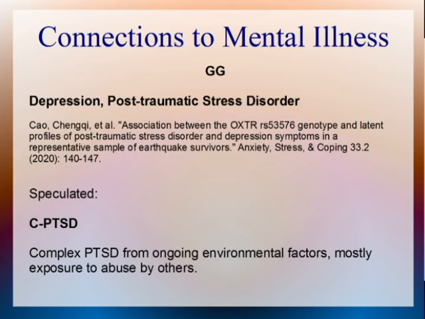I only found one article incorporating trauma, but it did show that in their testing, the people with the GG genotype had higher levels of depression and PTSD, in this case after experiencing the aftermath of a devastating earthquake. In the West, the same counselors who teach about narcissistic abuse often talk about the effect of this abuse on the empathetic partners, who develop CPTSD due to ongoing abuse in their environment.